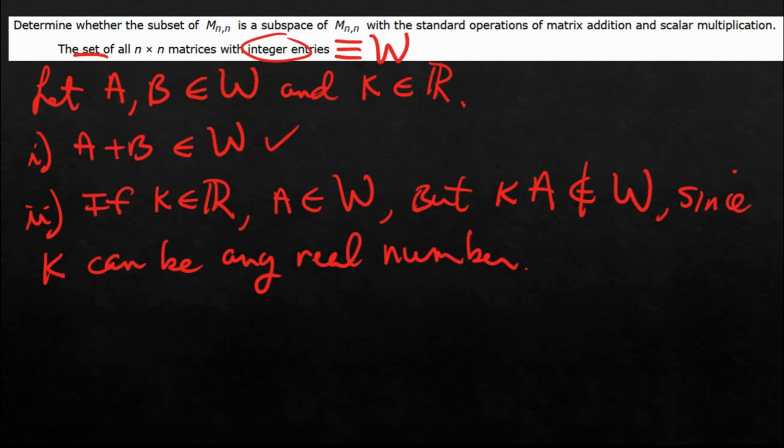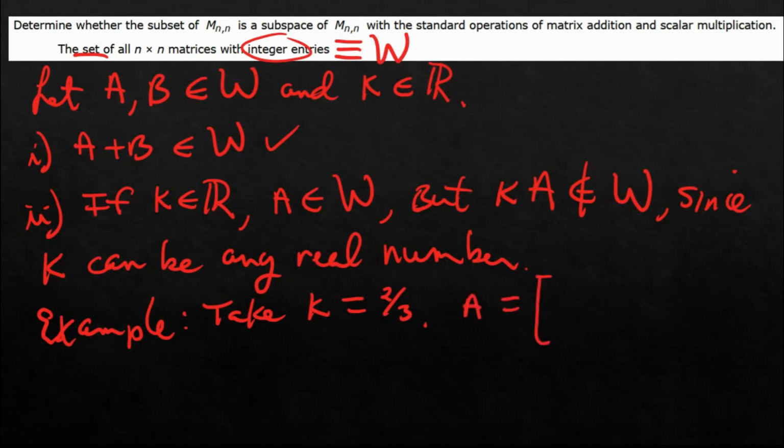So, say for example, take K to equal, let's say 2/3, and the matrix A has entries 1, say 3, 0, and 6.